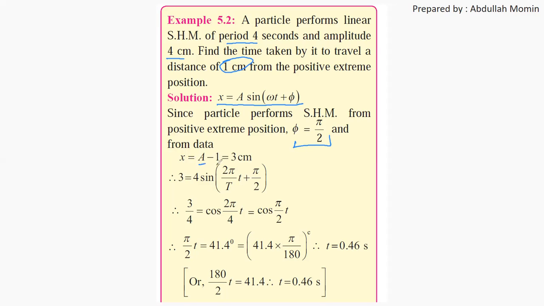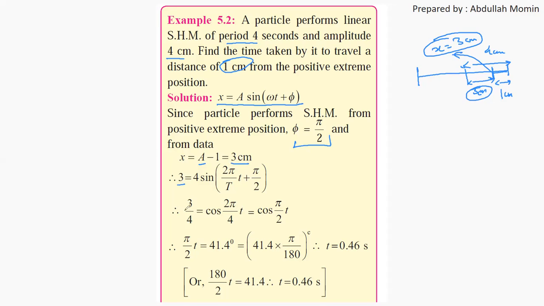Now the particle has traveled a distance of 1 centimeter. This distance is 1 centimeter, and this distance is 4 centimeter, so we can write this distance as 3 centimeter. So now the particle is at a position 3 centimeter from the mean position.